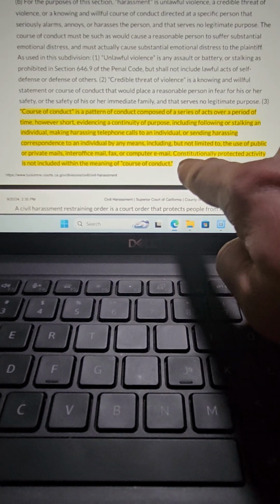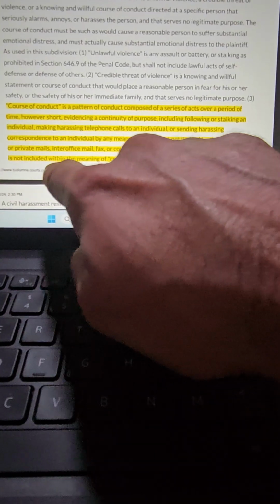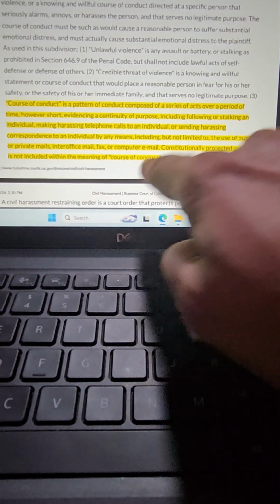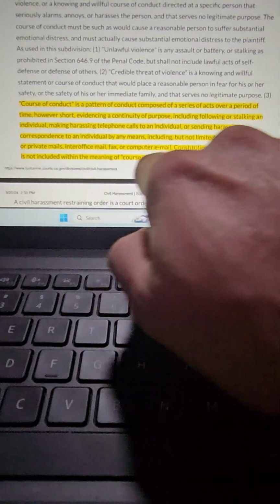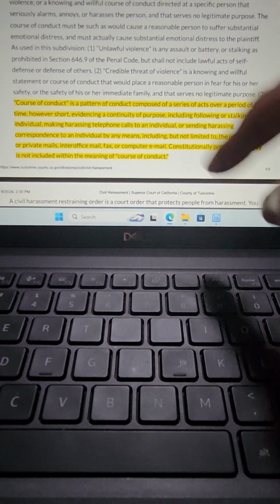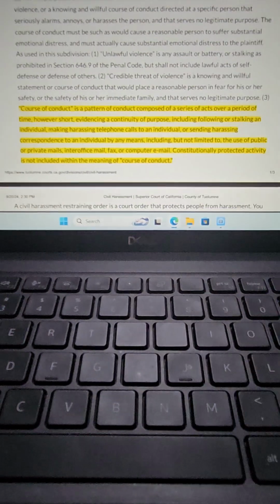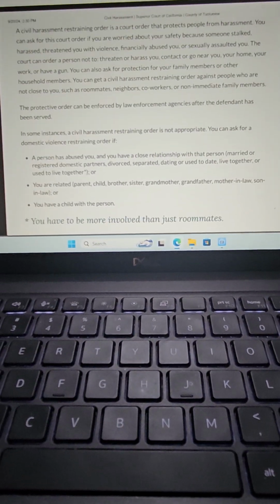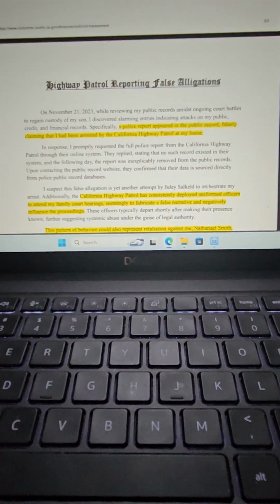Ready for this? Constitutionally protected activity is not included within the meaning of course of conduct. Like filming in public is not considered a course of conduct. So under me filming in public, which is a constitutional right, that is not considered harassment. Okay, you guys got that? That's on Tuolumne County's website.